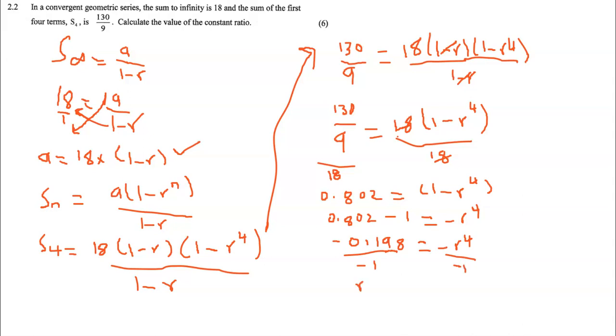So basically the whole number, if I do one decimal, will be 0.2, equal to R to the power of 4.